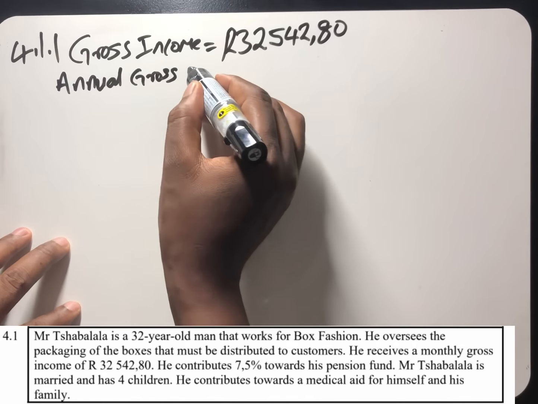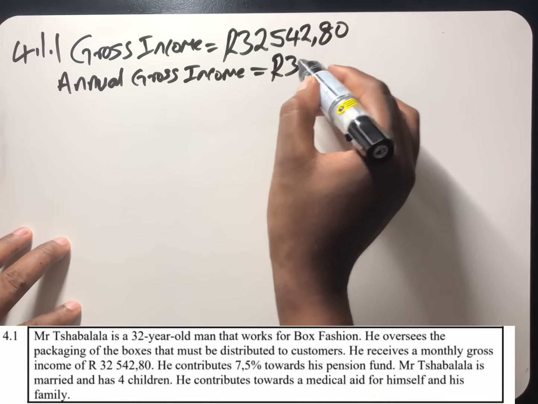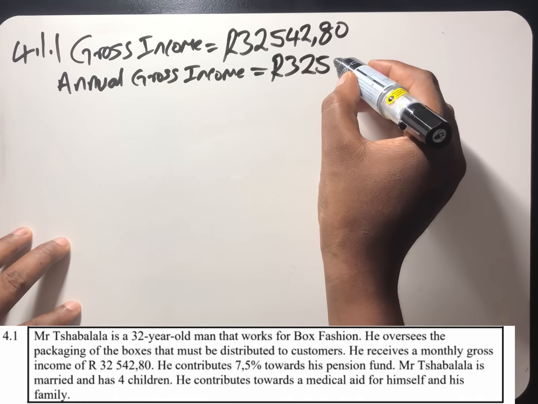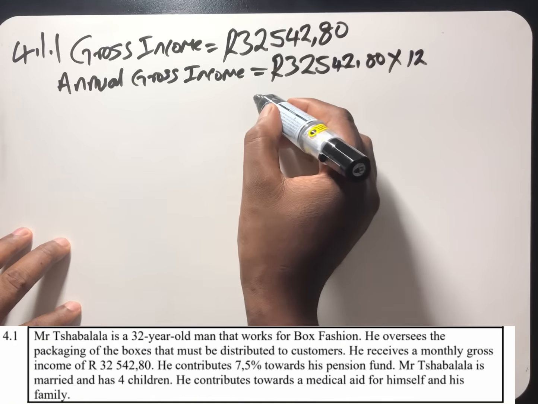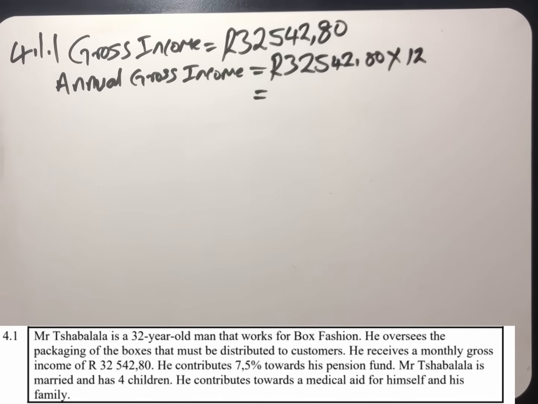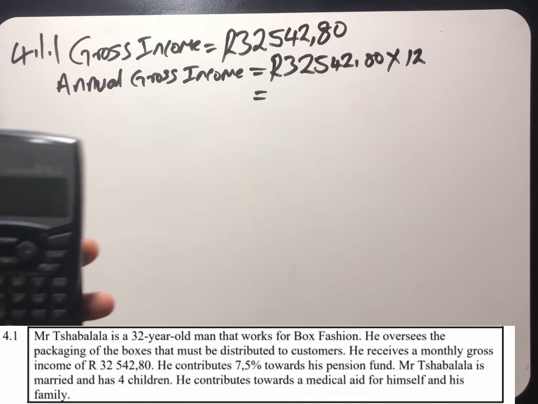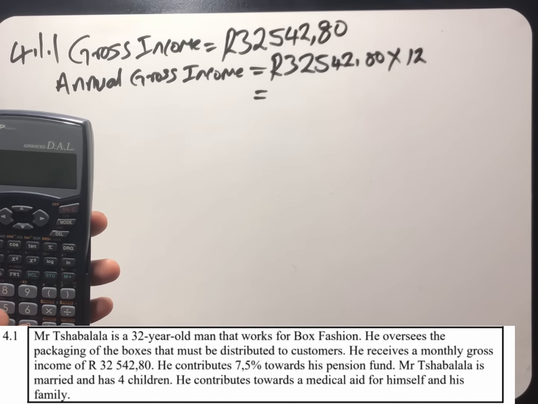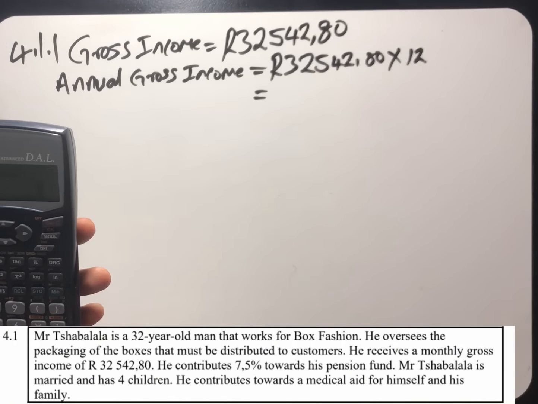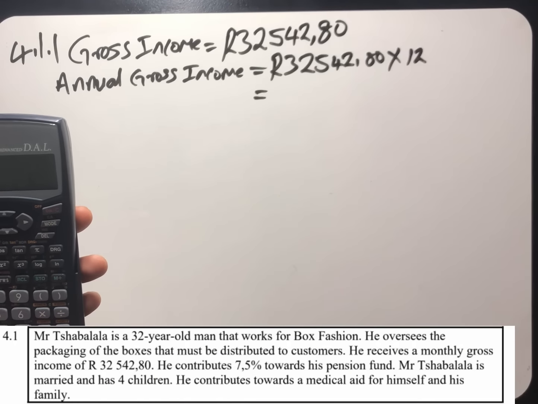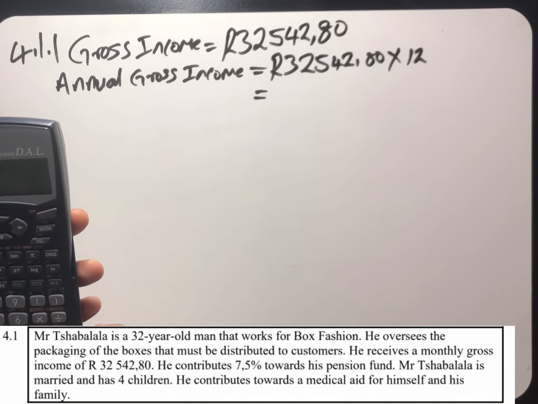The annual gross income is going to be R32,542.80 multiplied by 12.